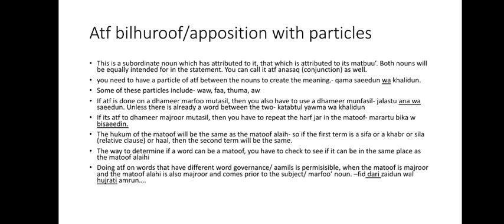The tu in jalastu is the pronoun which means I, and then ana comes after jalastu, which is a detached pronoun which also means I. So instead of saying jalastu wa sa'idan, you say jalastu ana wa sa'idun. So I and Sa'id sat.